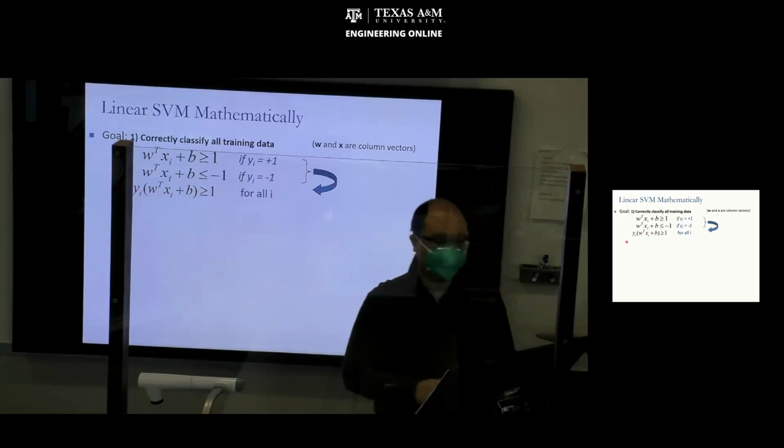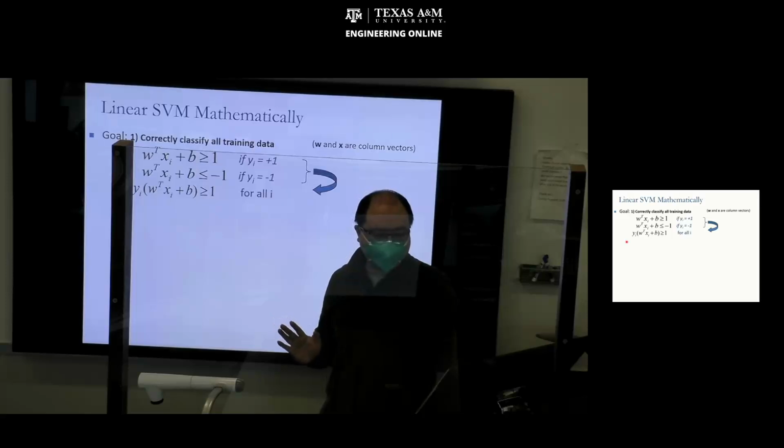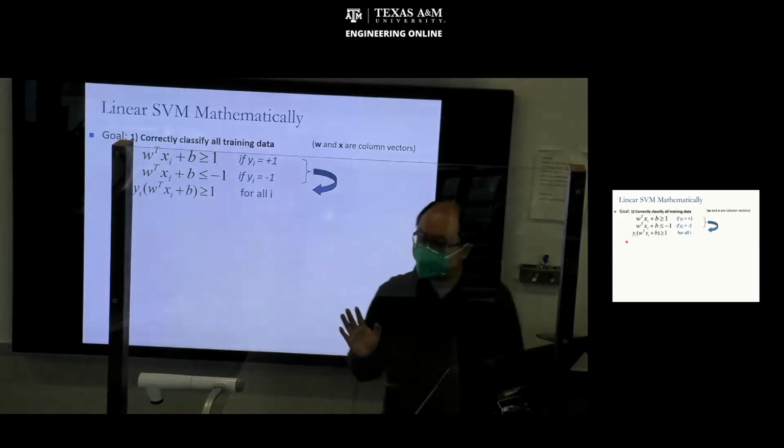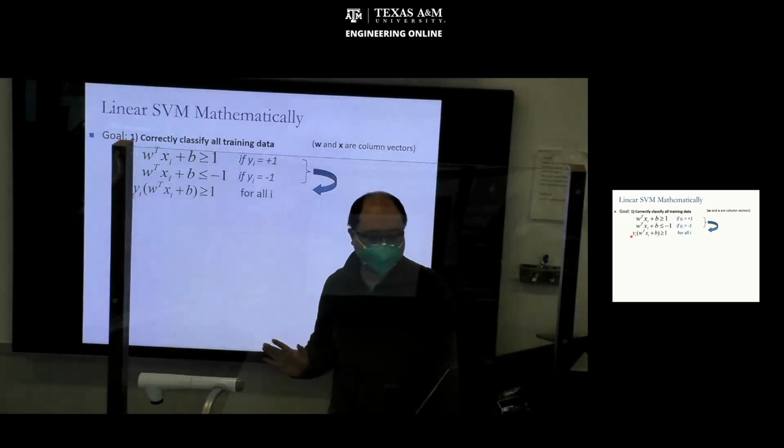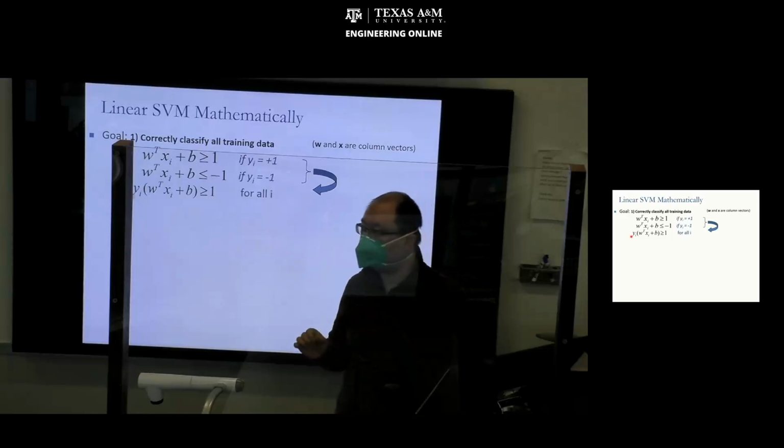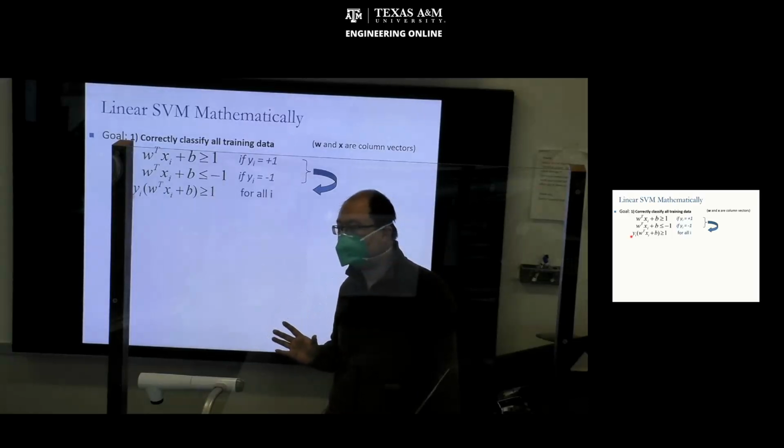Don't get me wrong. You may think, oh, well, I don't want to make a product, then you are ruining the linearity, and linear programming is easier. But don't forget, our decision variables are w and b. The xi and yi are known. These are observed. So our inequality after this formulation is still linear.